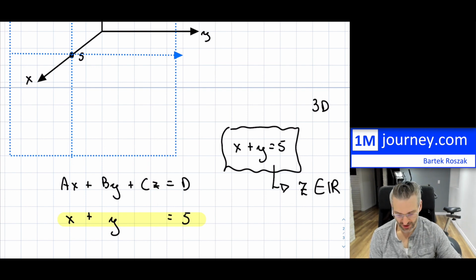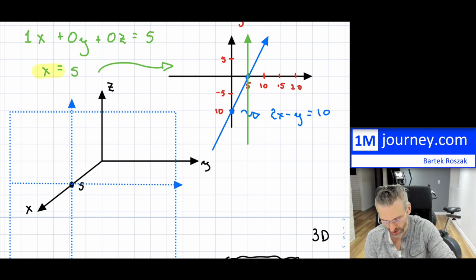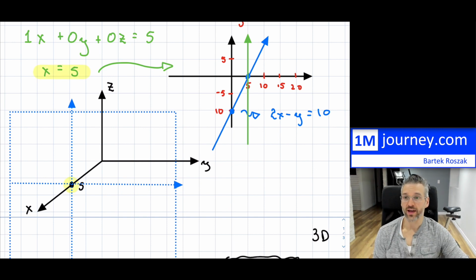In the first example, we only had an x-intercept. The other ones were zeroed off, so we have a plane which is just vertical, parallel to the y and the z axes.